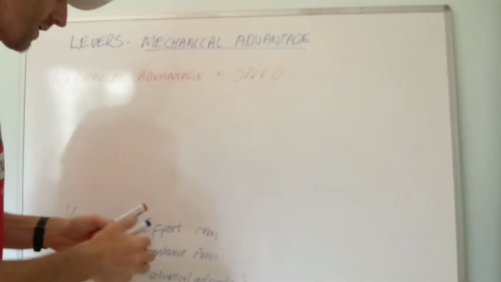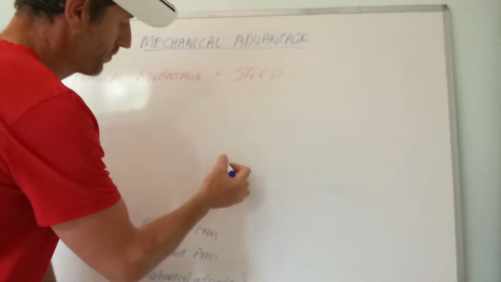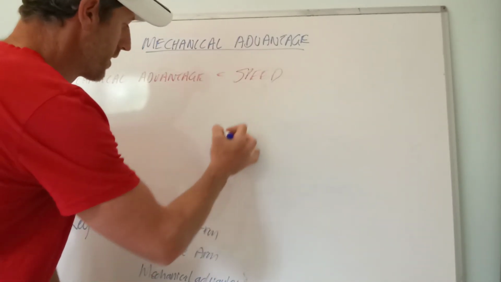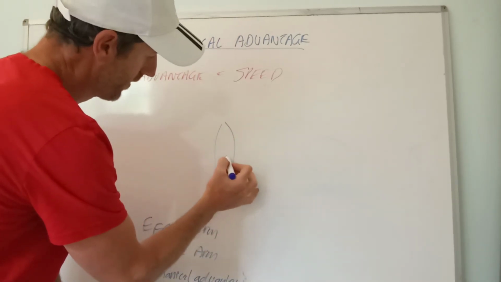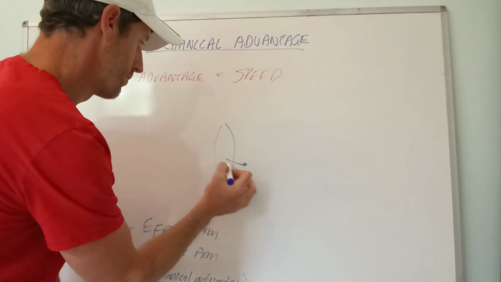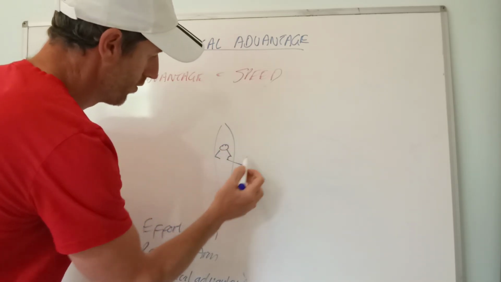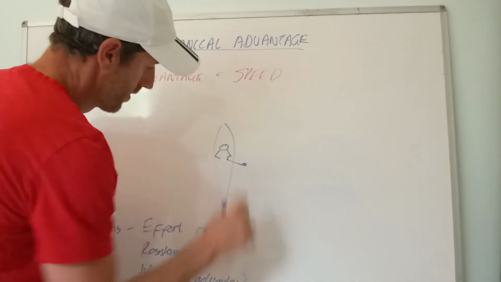Right, finally, examples. For speed, mechanical advantage, a rowing boat: the rower pulls on the oar going that way.